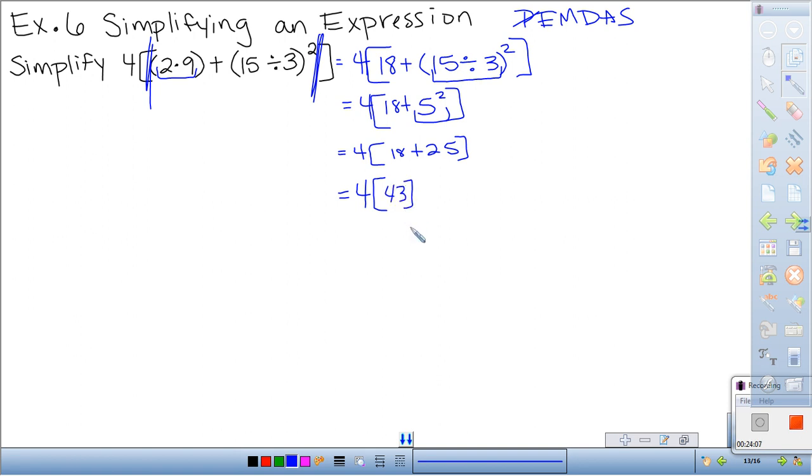And finally, we have 4 times 43, which gives us 172. So you can use brackets, or you can use parentheses, or you can use a times sign, whatever you want to do. But once you've gotten this down to 43, you know that you're multiplying 4 times this because the brackets work just like parentheses.